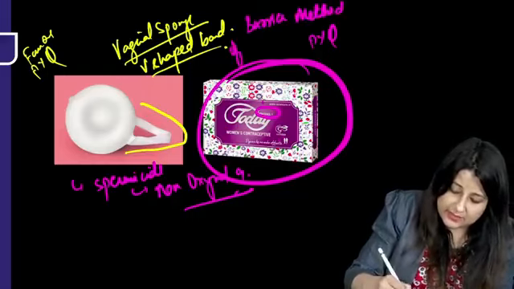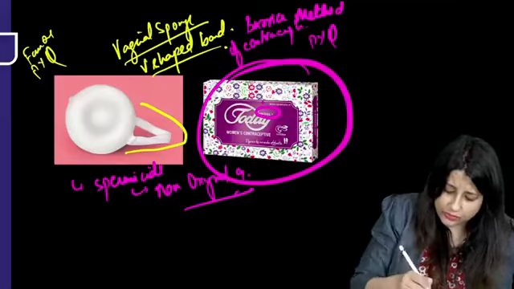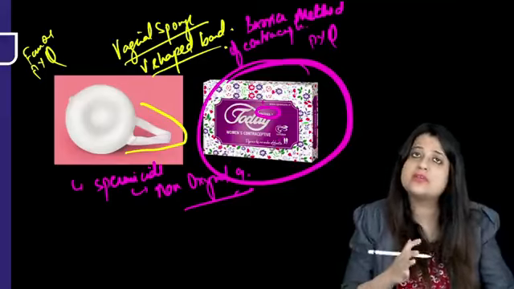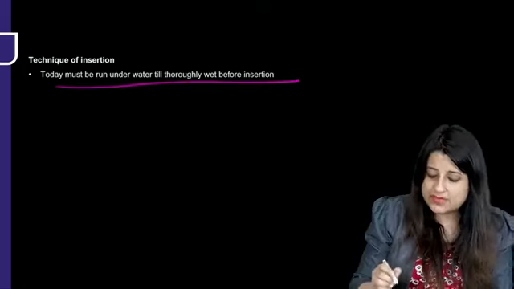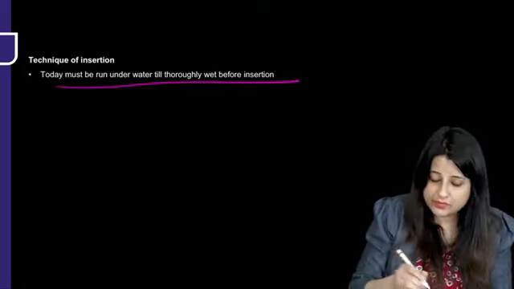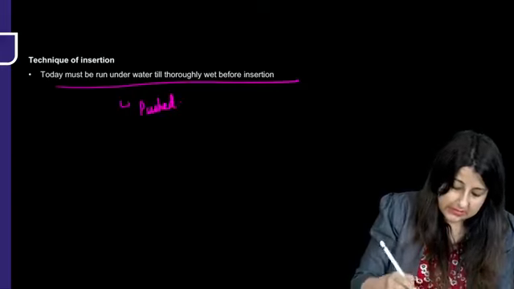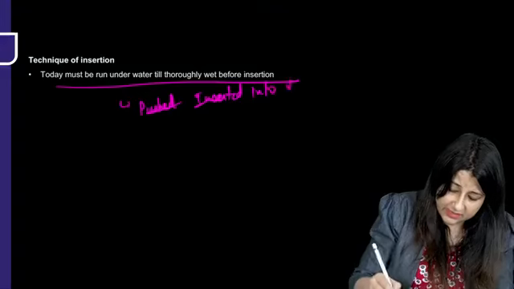Now also please remember that whenever this has to be used, its action is similar to that of the diaphragm. Okay, so technique of insertion: it must be run under water till thoroughly wet before insertion. Then it is inserted into the vagina.